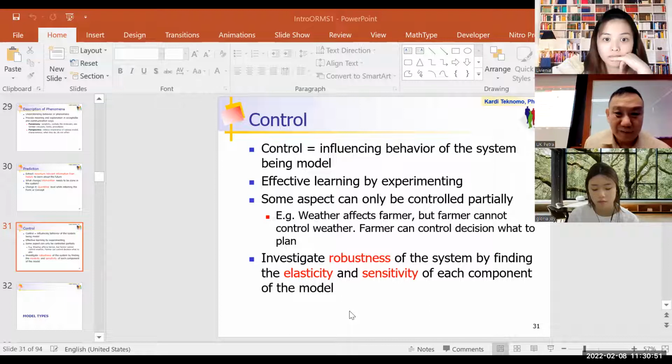So there are certain things you cannot control, but you can change your policy. So try to investigate the robustness of the system, in this case based on the elasticity or sensitivity of each component in the model.